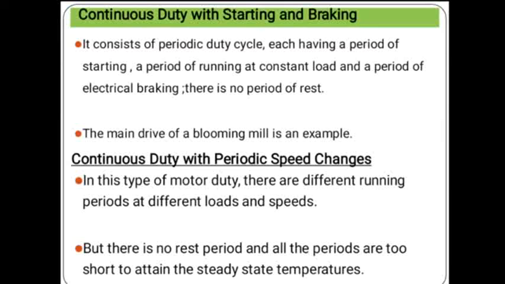That means multiple loads and multiple speeds, but there is no rest period and all the periods are too short to attain the steady state temperature. So here we have different loads and different speeds.